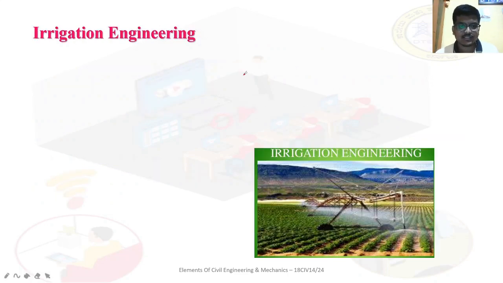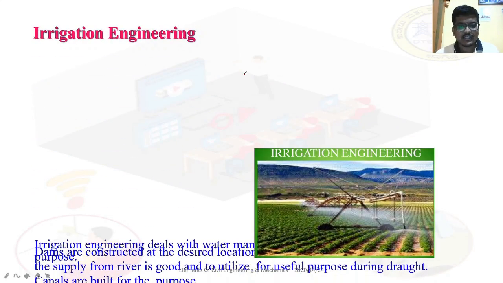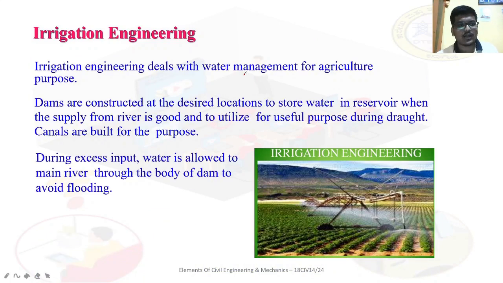Okay, so next we will see our irrigation engineering. Irrigation engineering deals with water management for agricultural purpose. Its direct impact is on farmers. Dams are constructed at desired locations to store water in reservoirs when the supply from the river is good, and utilized for useful purpose during drought.